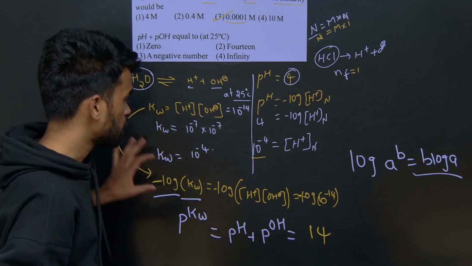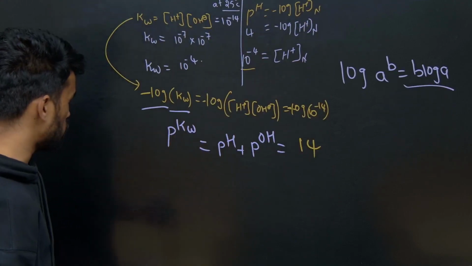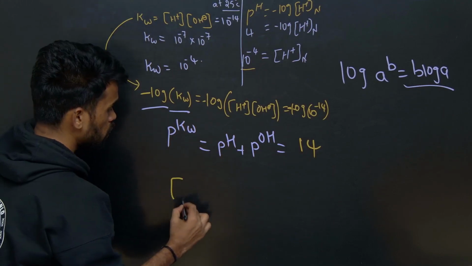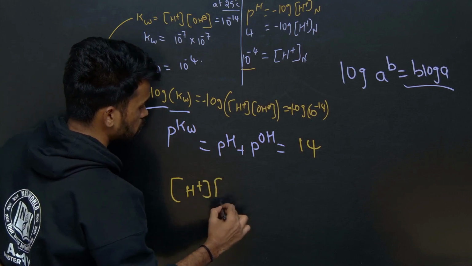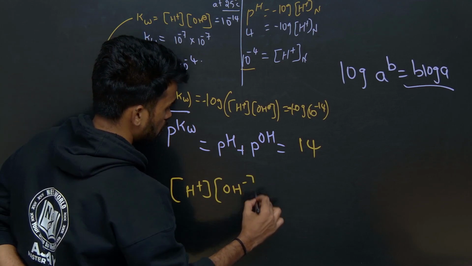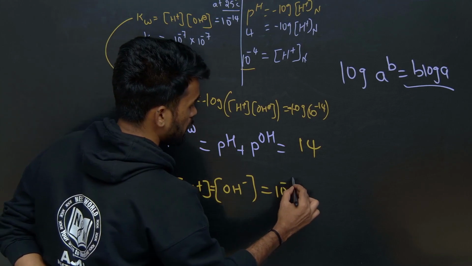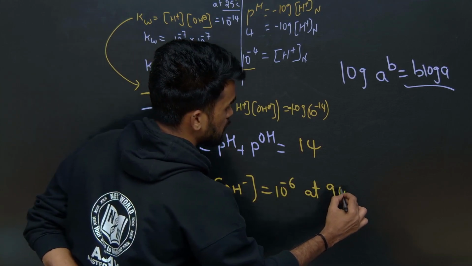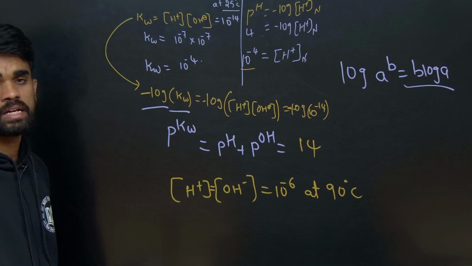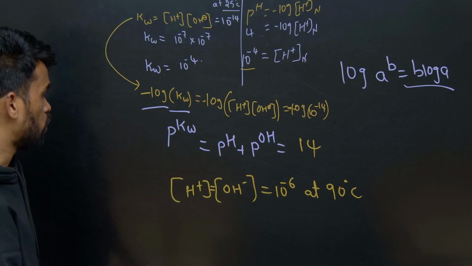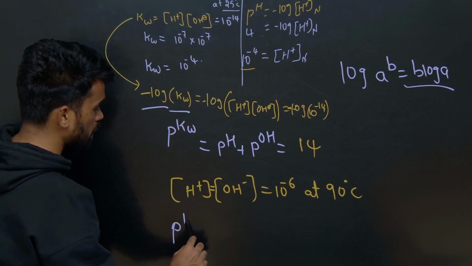Okay, now it is found that the concentration of H plus and the concentration of OH minus is equal to 10 power minus 6 at 90 degrees Celsius. Okay, this is also an experimental observation only. From this, what is our pKw value?